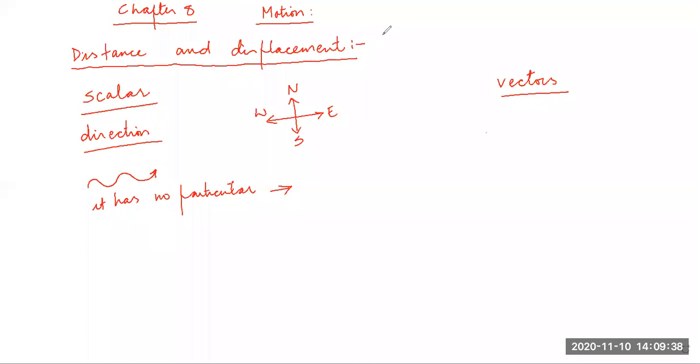If a point is going along a straight line like this, we say that it has a specific direction. So the direction along a straight line is defined. Whereas if you talk about a point walking in this path, the direction is changing every second. At every point, direction is changing.